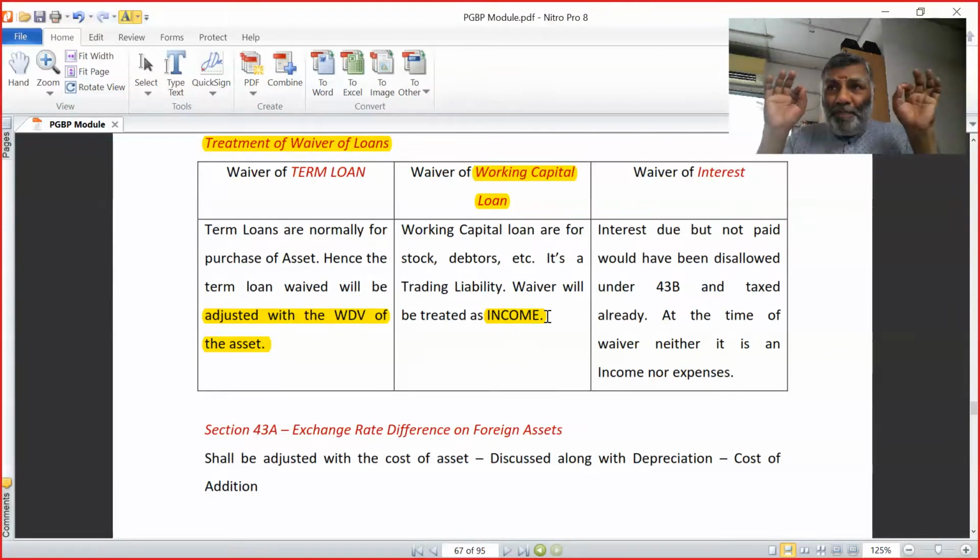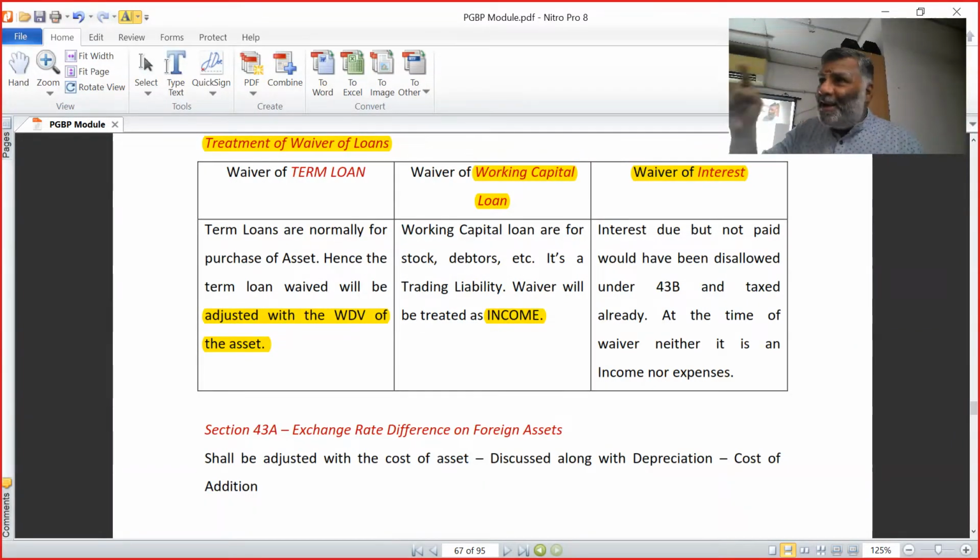And most important to understand is also waiver of interest. No adjustment. Already you have treated it as income.